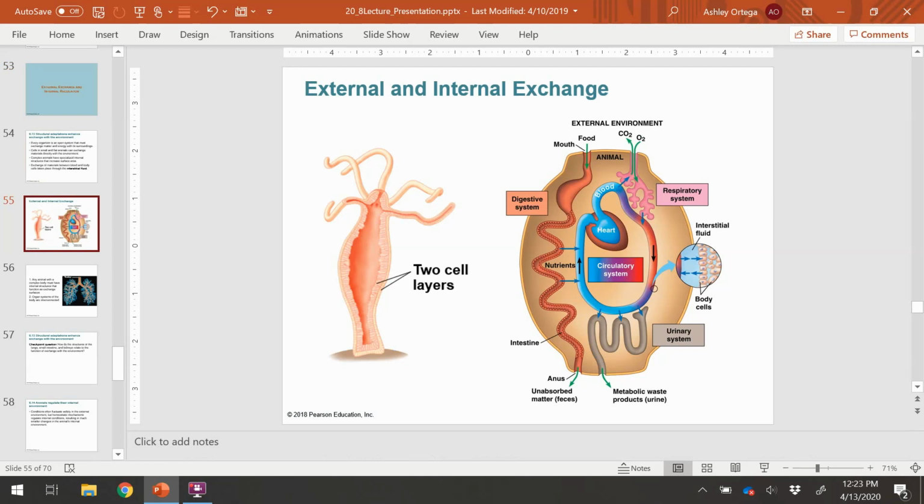So they have a digestive system to gather food and distribute nutrients throughout the whole organism, and then expel waste. They also have a respiratory system to exchange gas with the environment and then distribute it to all the body, and then get rid of the waste. The circulatory system is responsible for distributing nutrients to the whole organism, and then getting rid of waste in the other systems here.